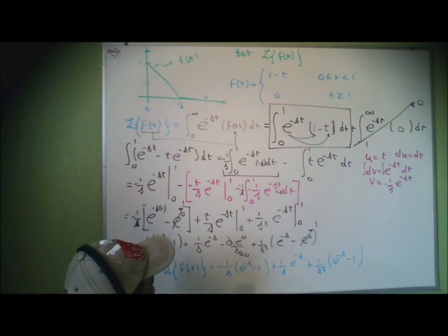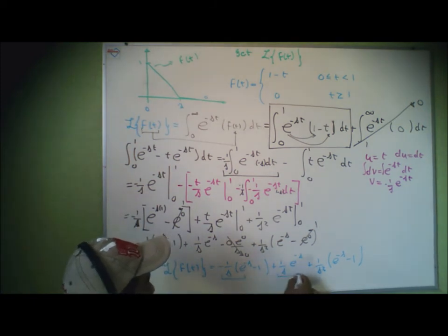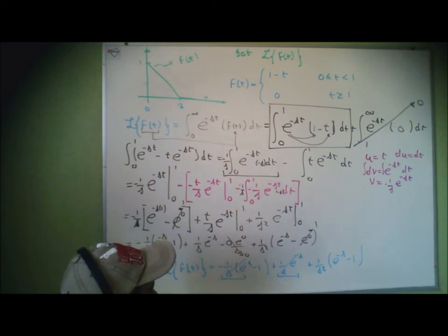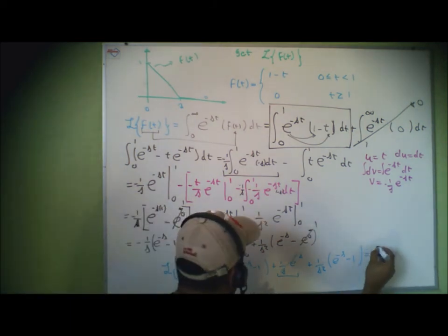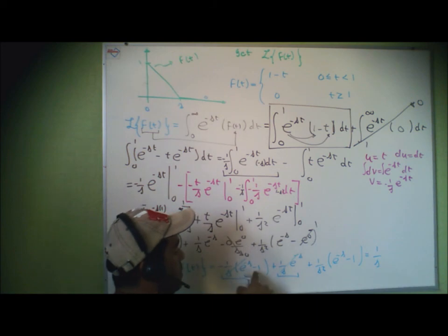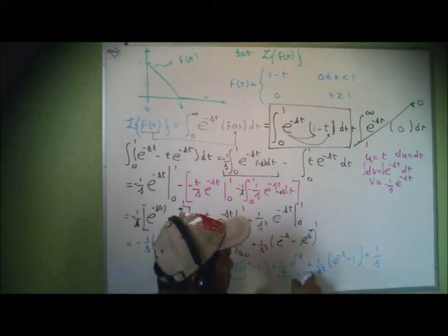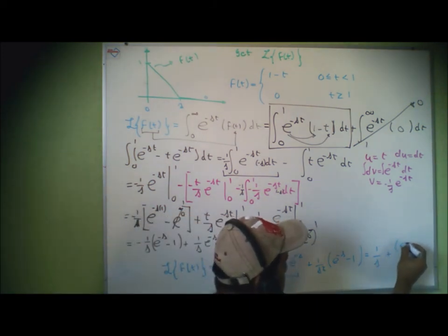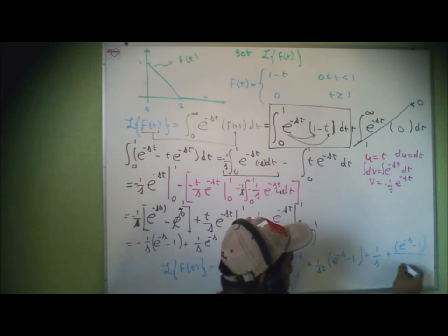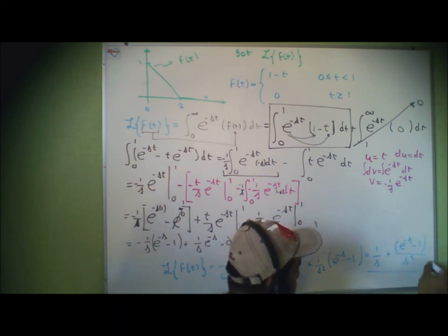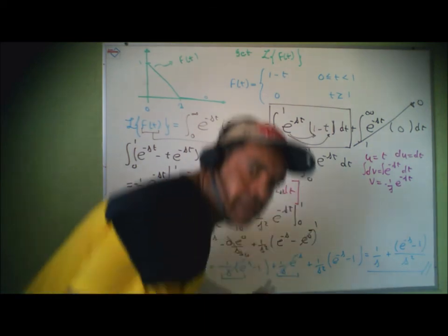Now I can see that this and this are the same, so they cancel, except for this. So the result is just 1 over s, plus e to the minus s minus 1 over s squared. That seems to be the result.